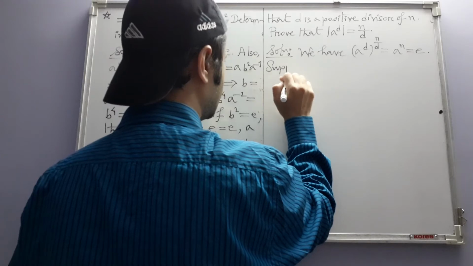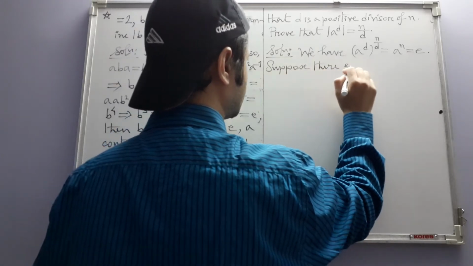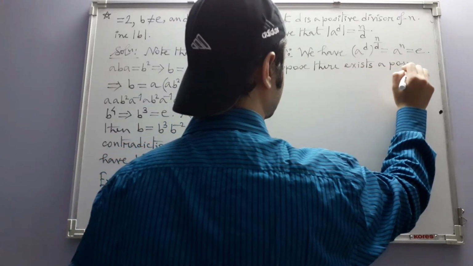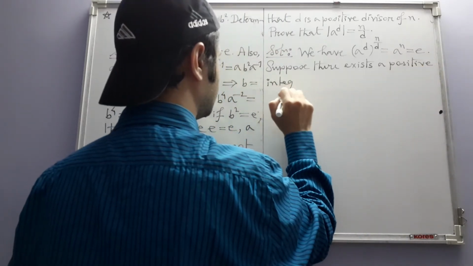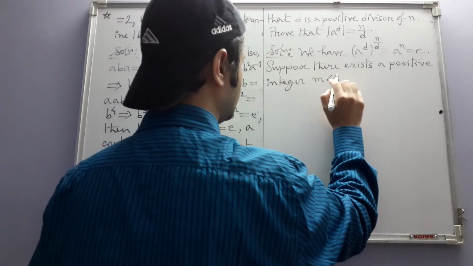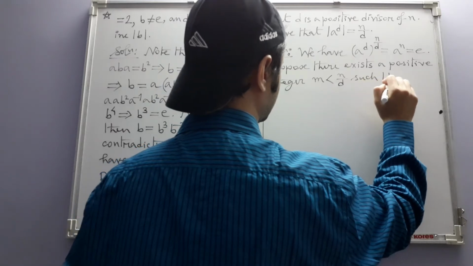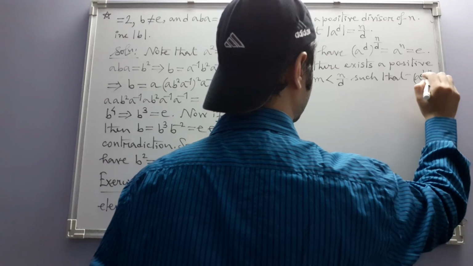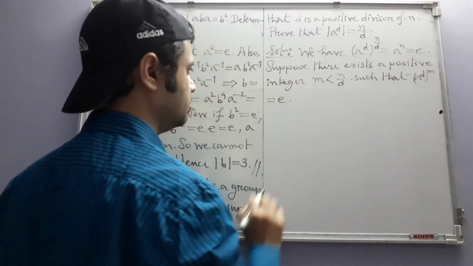Suppose, to the contrary, suppose there exists a positive integer, say m, strictly less than n by d, such that this power is also equal to e.